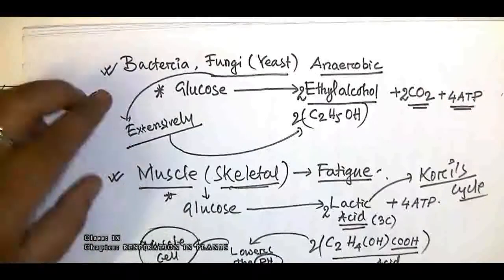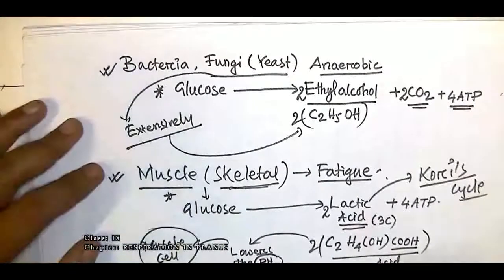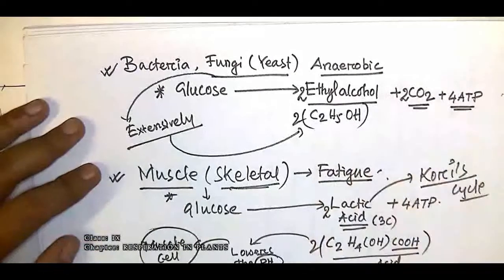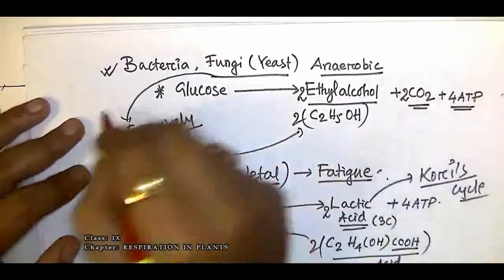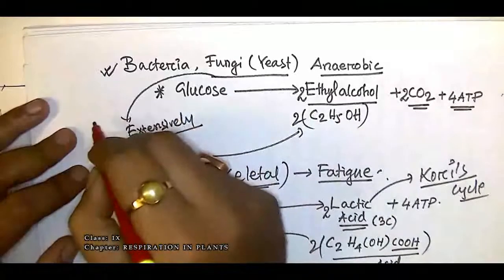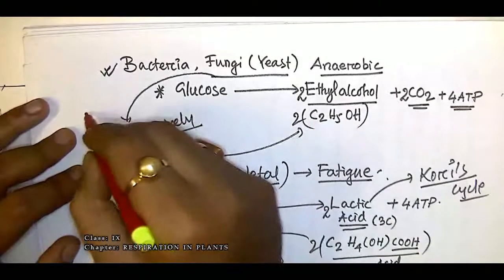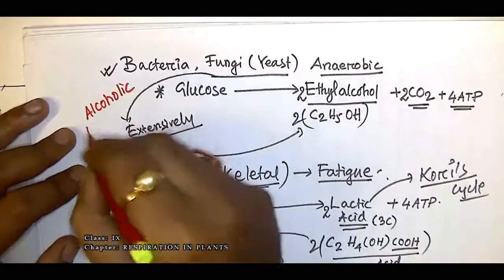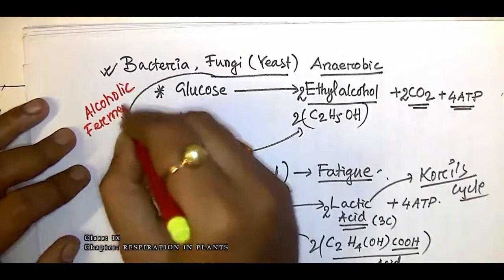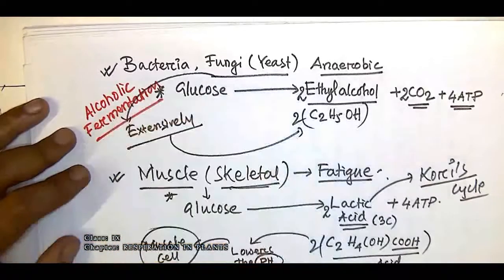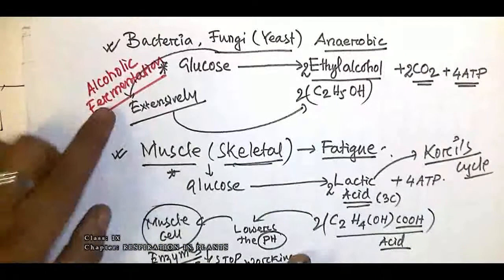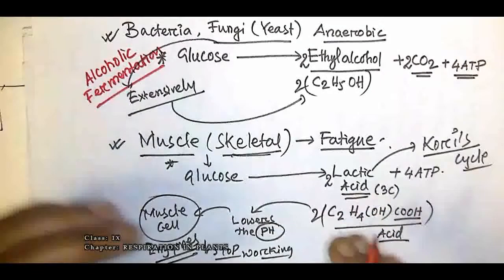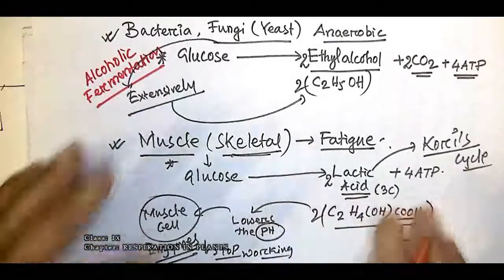So we have seen two classical examples, and in this process, what is being produced here? Please tell me what is being produced here? Yes, alcohol is being produced. So what should we call this particular process as? We will call this as alcoholic fermentation. Okay, this is called as alcoholic fermentation. So if this is called as alcoholic fermentation, this is also fermentation. Okay, fermentation is a process which is occurring mainly in the absence of oxygen.